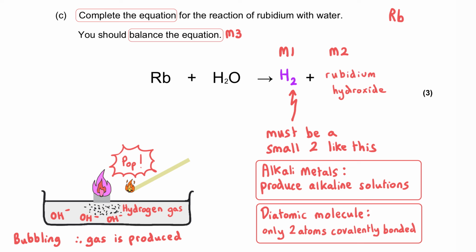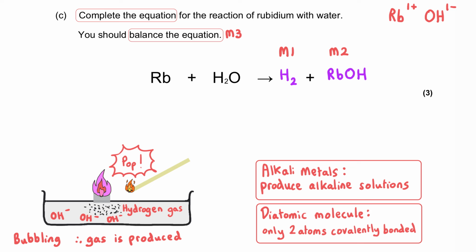It's a group 1 metal, which means it has a +1 charge as an ion, and the hydroxide ion has a 1- charge. So the formula of rubidium hydroxide is RbOH.